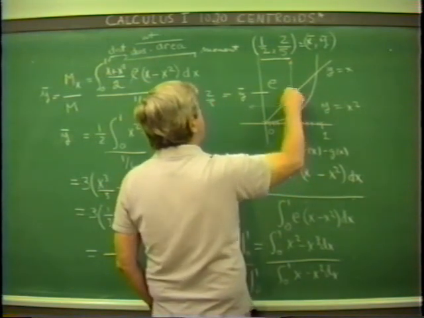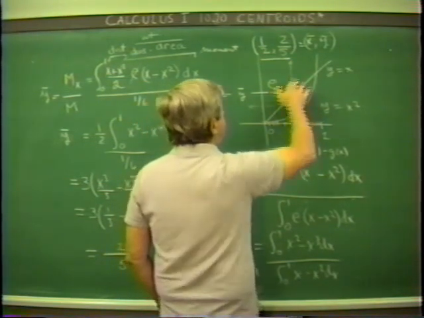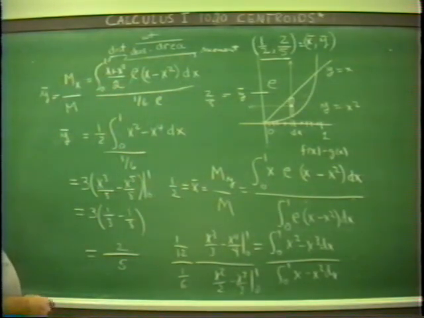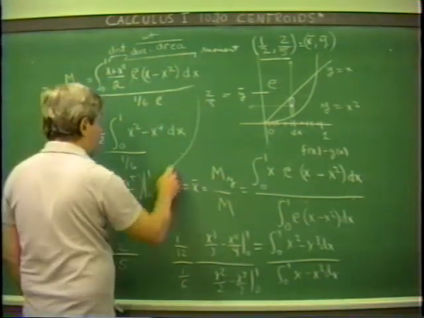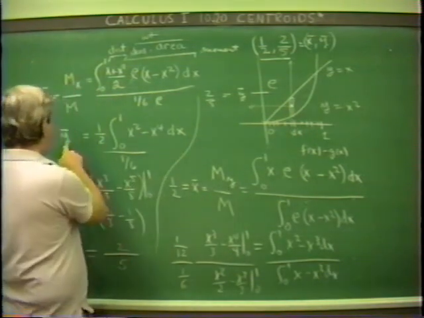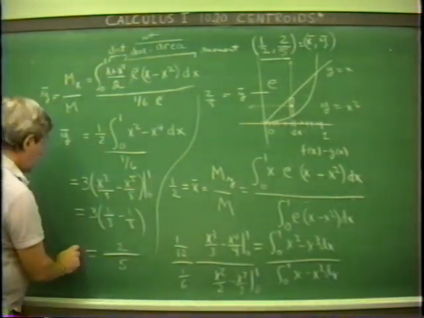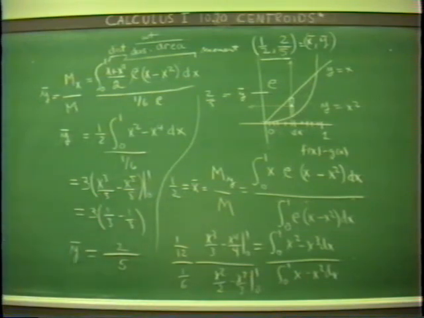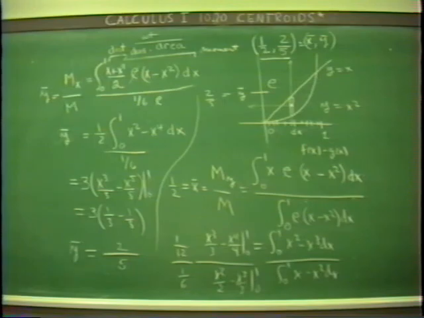Or likewise, if you tie a string through here, it will balance, no matter what direction up is. If you tie a string here, you can put this in any position whatsoever, and it will balance. Okay. So here we have then x bar and y bar for this particular region.